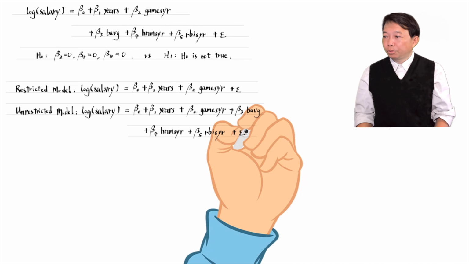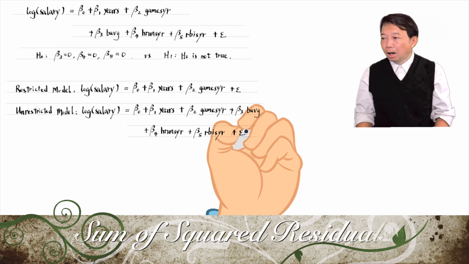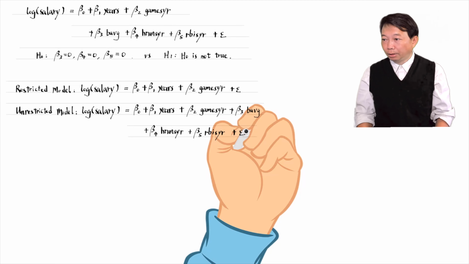So, the restricted model must be shorter than the unrestricted model. The F-test compares the sum of squared residuals from the restricted model to that from the unrestricted model and determines whether the change is large enough to reject the null hypothesis.